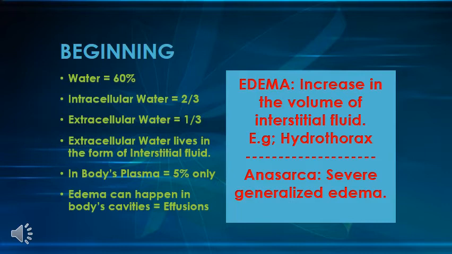Now another thing: from the extracellular water, the body's plasma contains only 5%. What is meant by the body's plasma? Plasma is a part of our blood. Our blood consists of two major parts, plasma and cells.